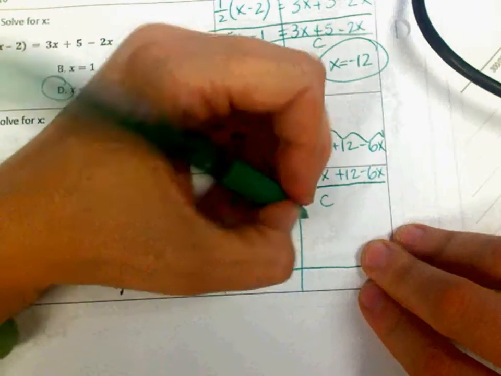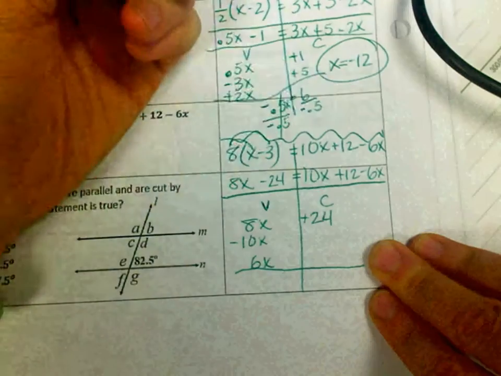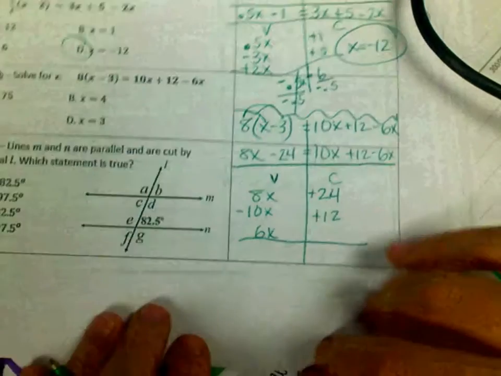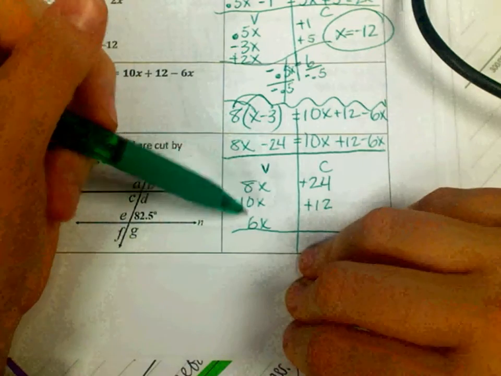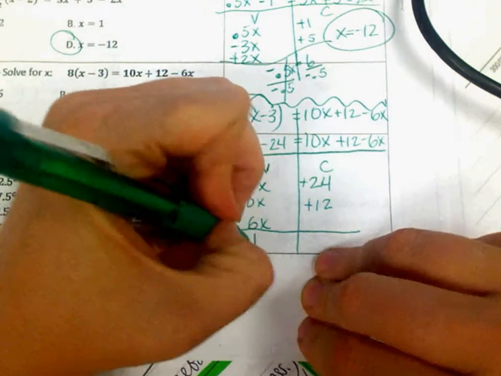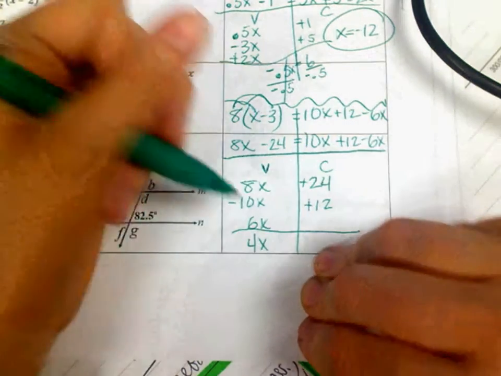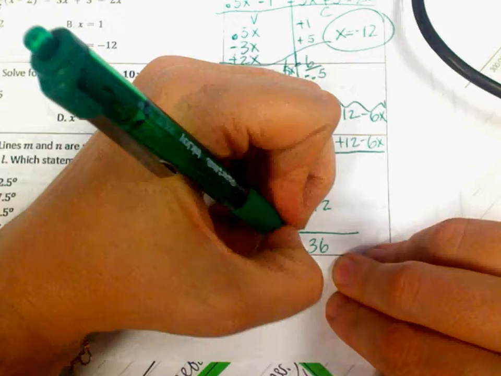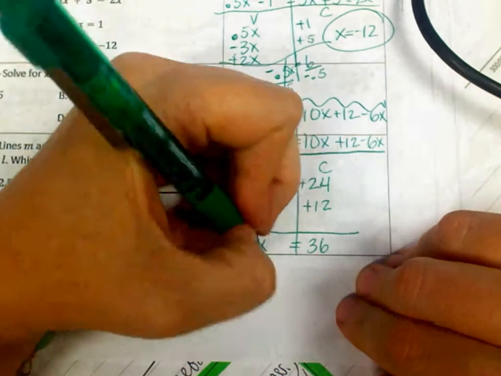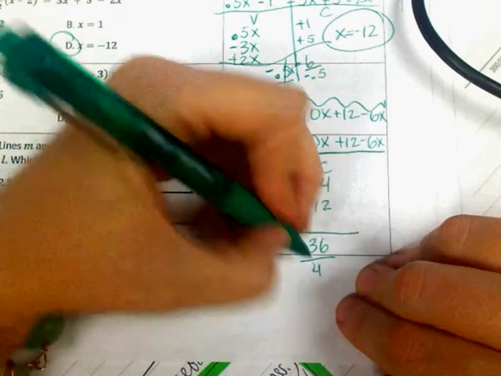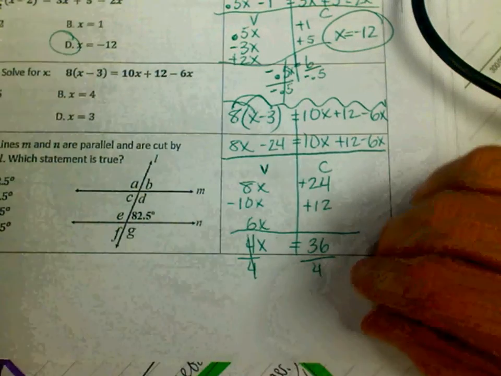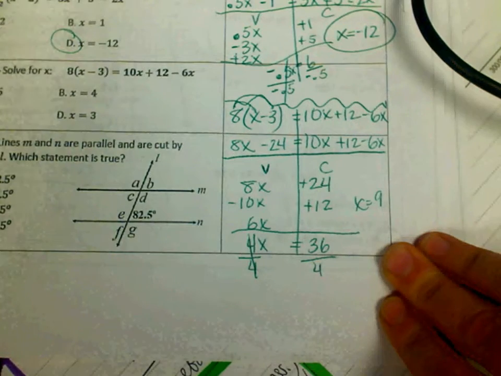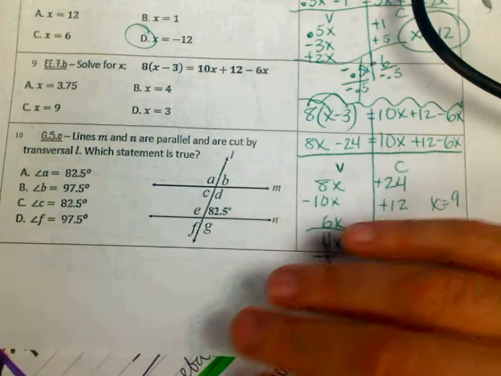My constants are negative 24, make it positive, and 12. Now add everything up. You get 4x, 8 plus negative 10 plus 6, and 36. Okay, 36 divided by 4 is 9. x equals 9, which is C for number 9.